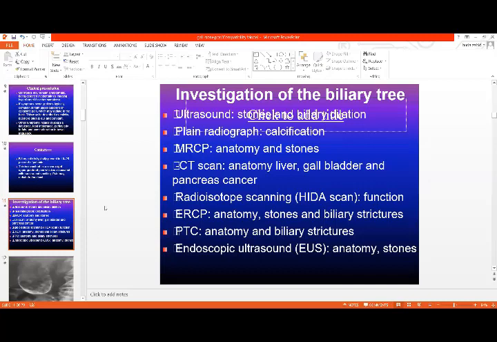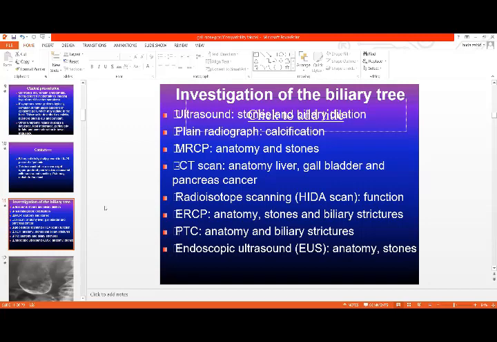The other investigation is PTC, that is percutaneous transhepatic cholangiography. If you can't negotiate the ERCP through the papilla, it's difficult, you can do it percutaneously over the liver, right side way. You can go through the liver with the needle, and when you aspirate bile, that means you are in one of the biliary radicals.